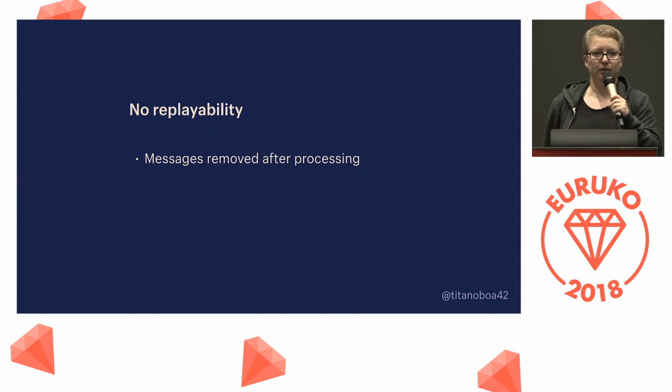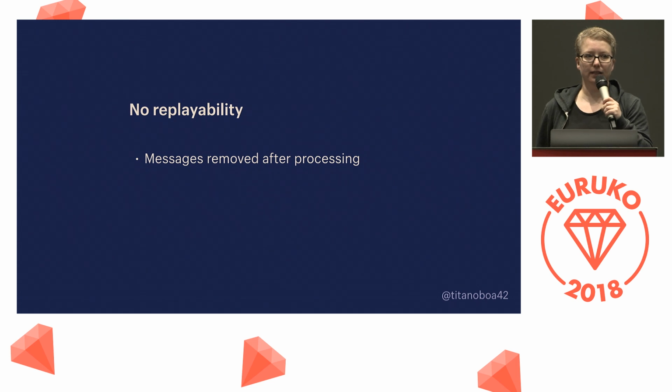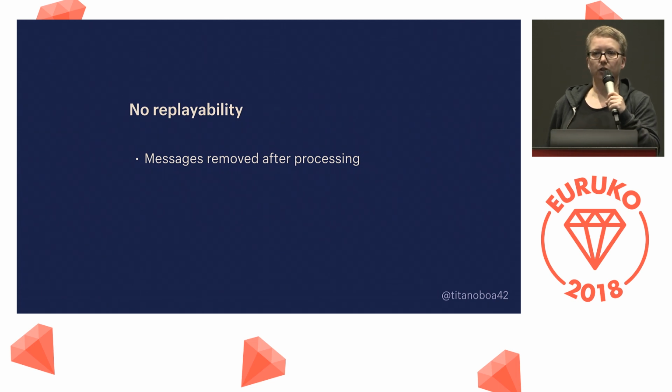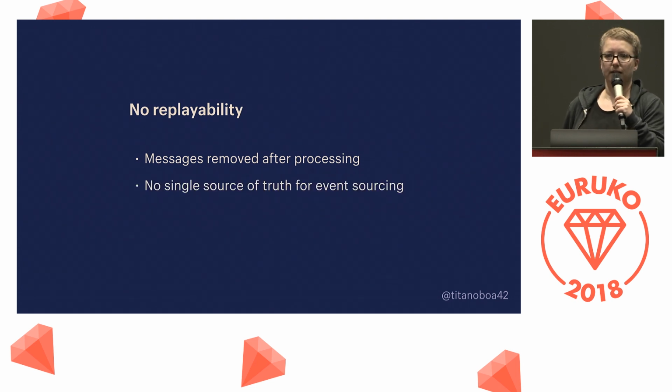If I want to do this based on my messaging system, the message consumer needs to persist the messages it's processing to make sure I can replay them. But that also means every consumer builds its own event log. So there is no single source of truth, and my consumers might end up living in different realities.